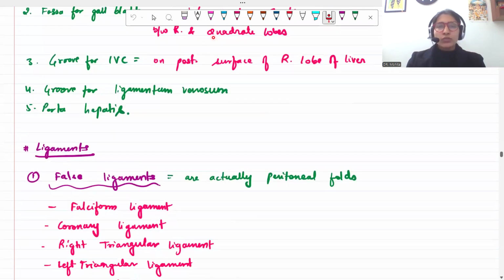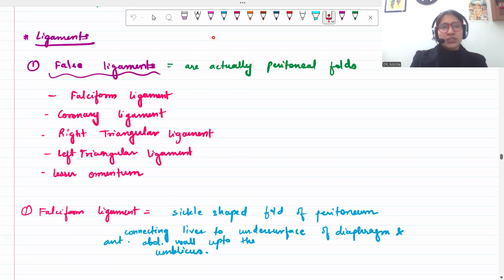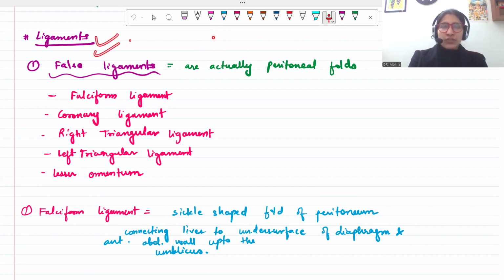So now we are going to talk about these peritoneal folds. Why? Because they are forming false ligaments. If we are talking about ligaments of the liver, we will study false ligaments of the liver and true ligaments of the liver.